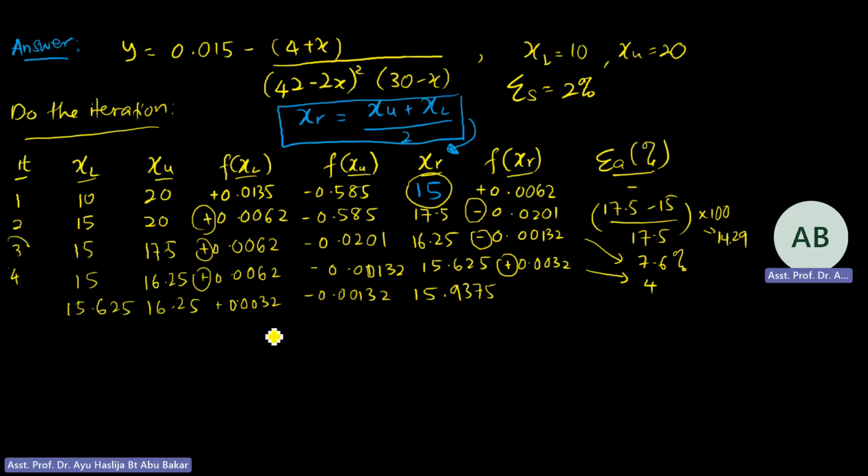Okay, for the fifth iteration over here, you will get your EA 1.96. Okay, you can stop here because it already met the criterion, ES 2%. So 1.96 is lower than 2%. So we can stop at fifth iteration where this 935 is your XR.